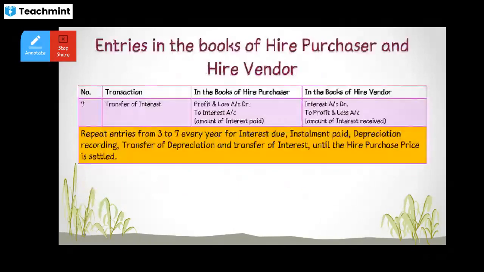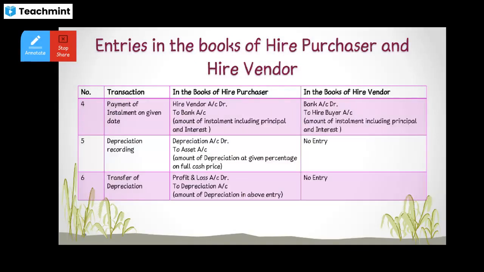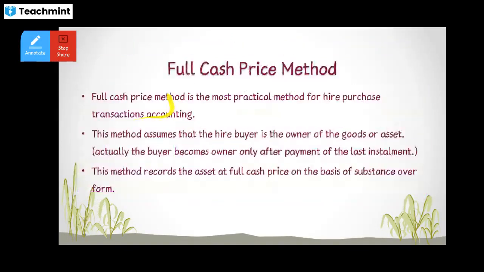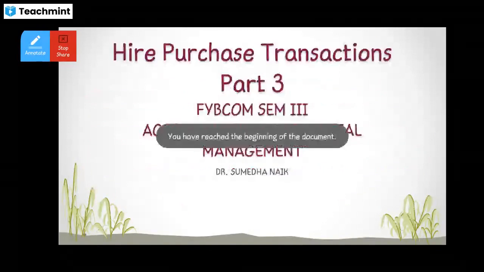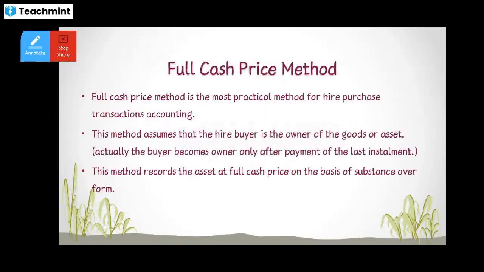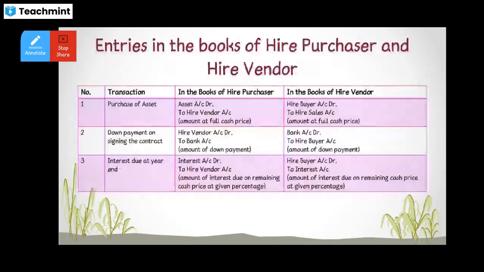Now what next? There are not only 7 entries, these 7 entries will be repeated. What are the first 2 entries? The first entry is for purchase of asset and the second entry is for the down payment.